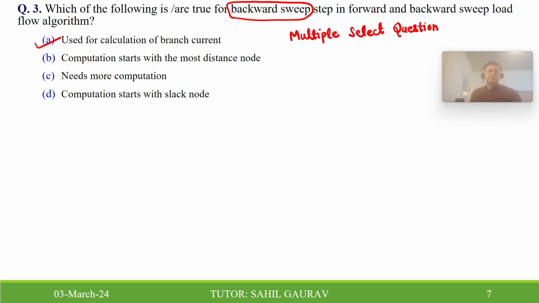And option B is that computation starts from the most distant node. Yes, it is also true. Since it is a backward sweep, you have to start from the most distant node, that is the end node or terminal node.